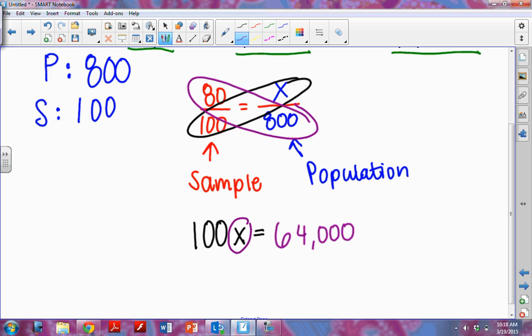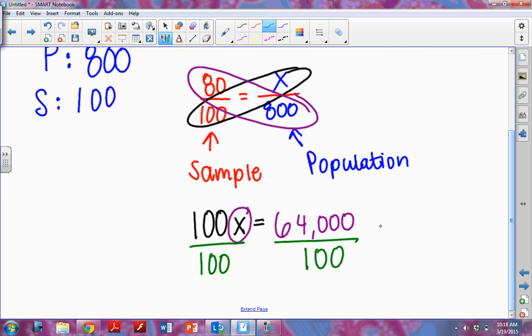Now I need to get my x by itself, so I'm going to divide each side by what's with the variable, the x, which is 100. When I do that, these cancel out, and I am left with x equaling 640 people would be U of L fans.